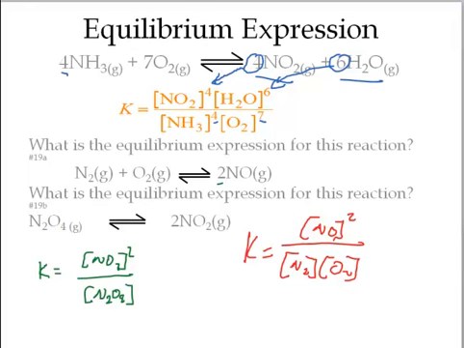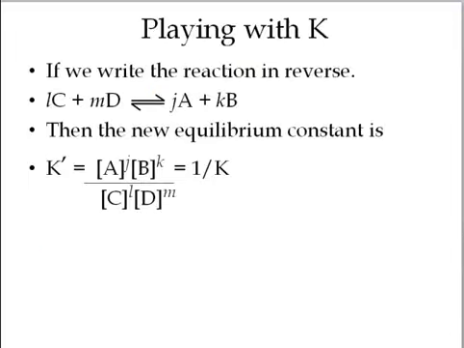Now another thing that's common in the AP curriculum is sometimes they want us to play around with this constant, and there are just some basic rules for how we can manipulate the K. Once we learn these, this becomes pretty simple. So let's look at playing with K. If you have the reaction in reverse, and I still do the products over the reactants like I did before, A and B would be on top and C and D would be on bottom.